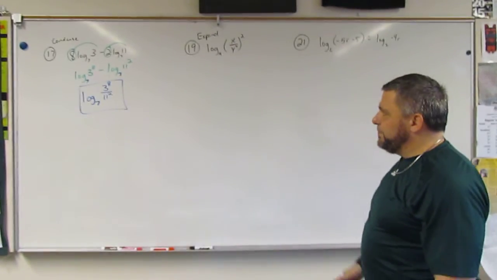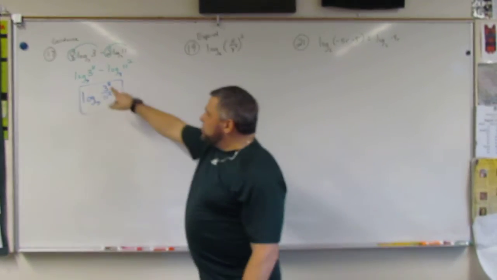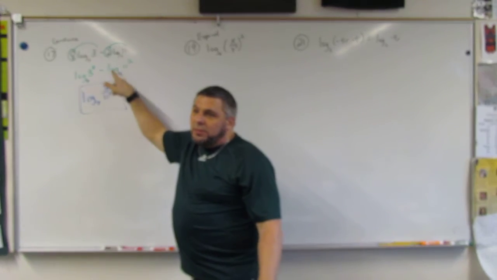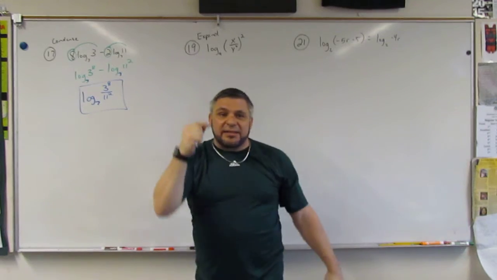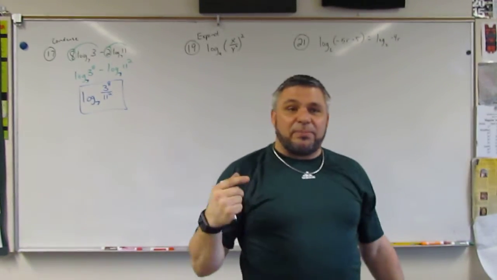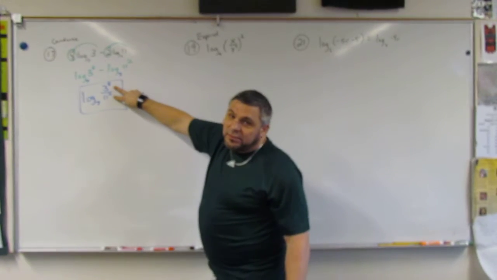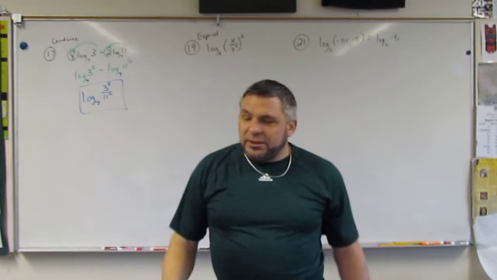How did you get the answer? When you subtract exponents, right? Then that's really dividing. When you're subtracting exponents, that's really dividing the powers, right? So we're dividing the powers. When you subtract exponents, think about this.